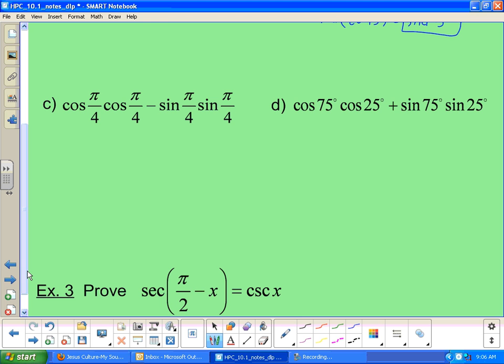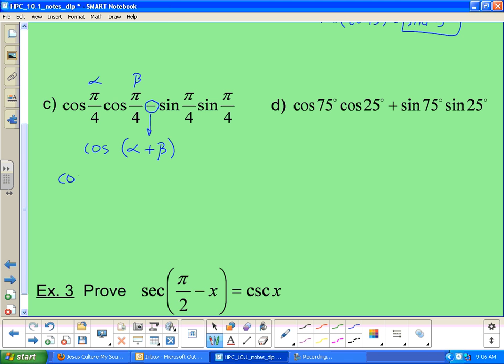Cosines. Cosine, cosine, sine, sine. All right. We have a relationship where I'm going to be using cosines, and I've got to think opposite now. And now this is going to be an alpha plus, because it's cosine, cosine, sine, sine, we're dealing with this relationship. So there again is my alpha, and there is my beta.